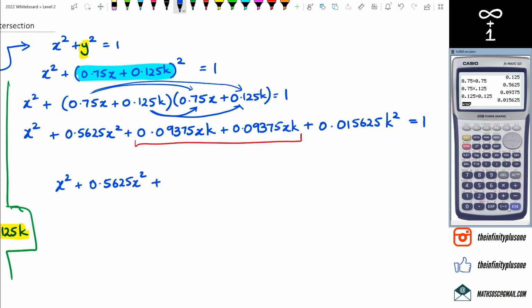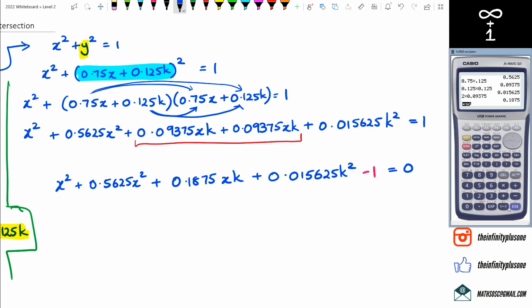And now these two numbers that are combined, so we've got 2 times 0.09375, which is 0.1875 x and k, plus 0.015625 k squared. And I'm going to bring that minus the 1 back to the left-hand side, so it will become minus 1. And now all of this is equal to 0.